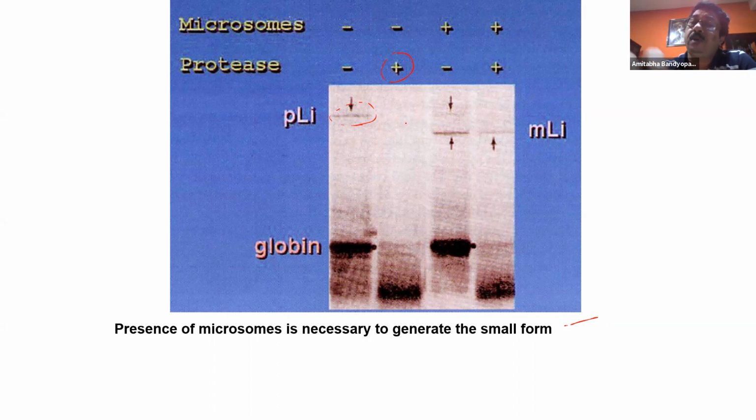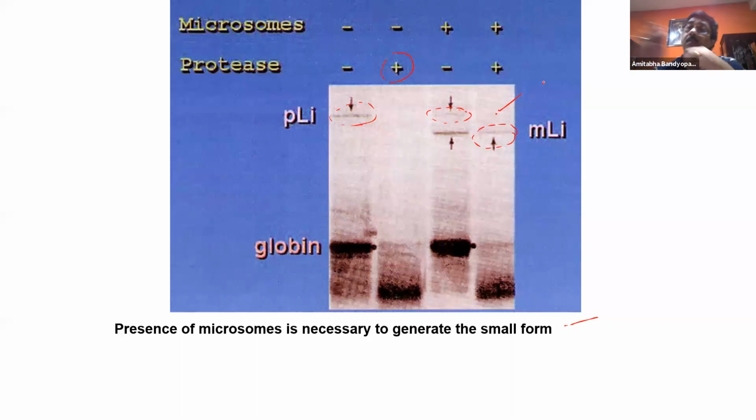In the presence of microsomes, you get the smaller form as well as the larger form. In the presence of microsomes and protease, the smaller form is not disturbed, but the larger form is gone.